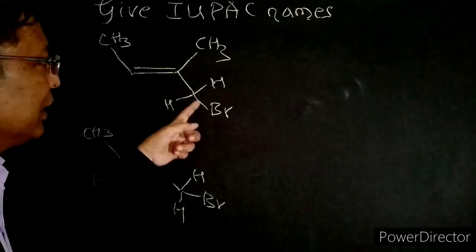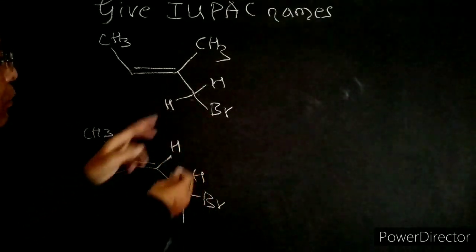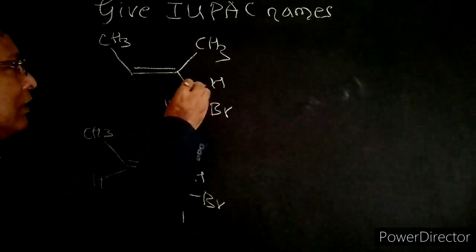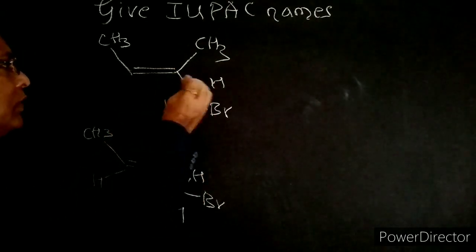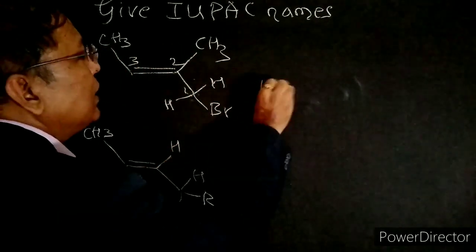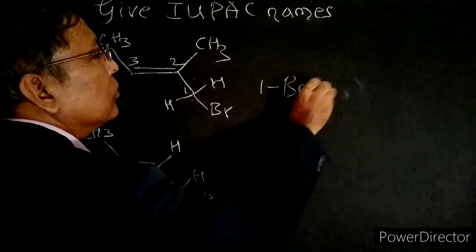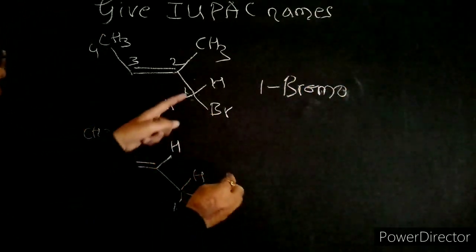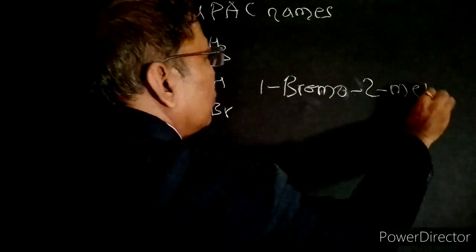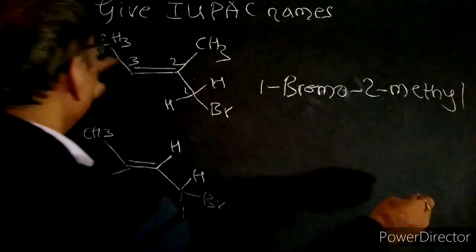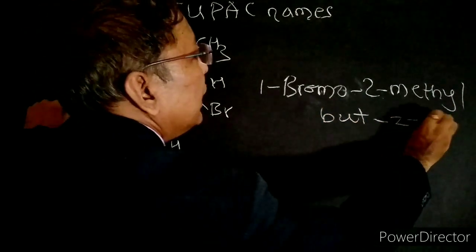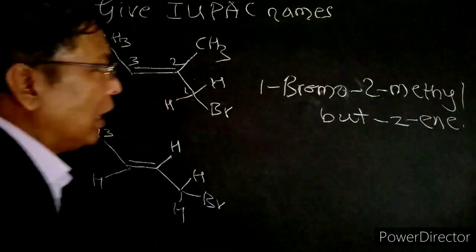Here bromine is there and the double bond is also at the second carbon atom. So the numbering should be done from this end. This carbon is first, second, third, fourth. Therefore the name is 1-bromo-2-methyl-but-2-ene. You have to write in a continuous manner.